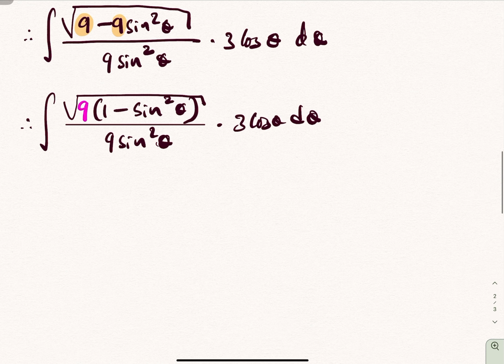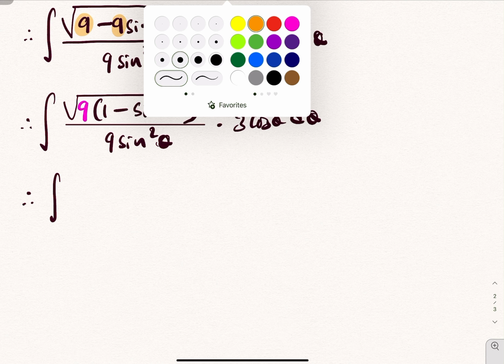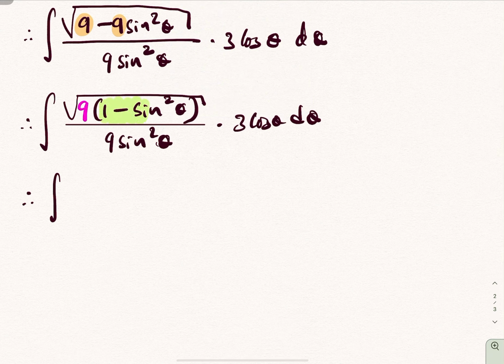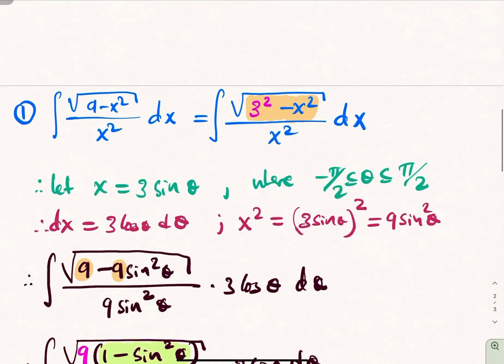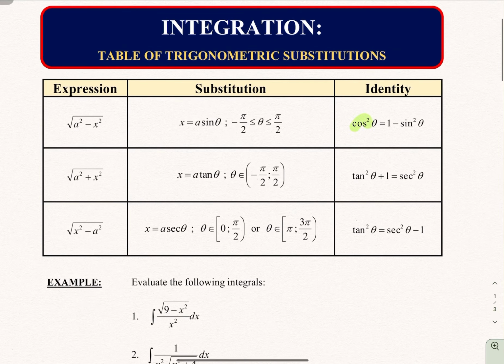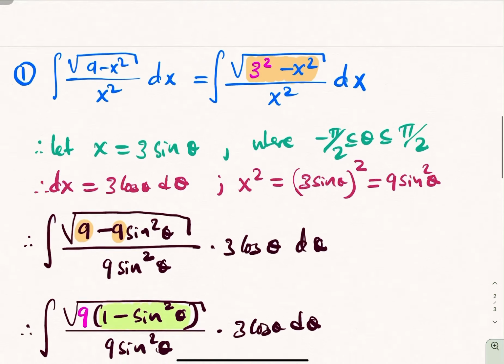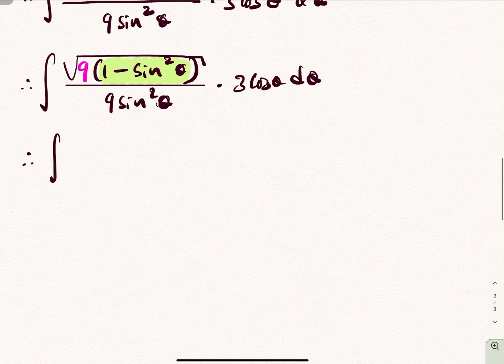Now, I wanted to identify something right here. This is going to be the integral. If you look inside here, you have a square identity. That is equal to cos squared. Let's plug that in. This is the square root of, we still have our 9, but this one is a square identity, and it's going to be cos squared of theta. Be very careful there.